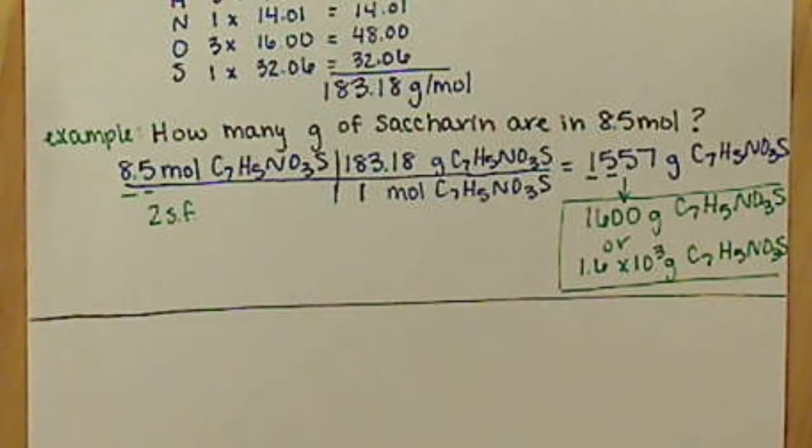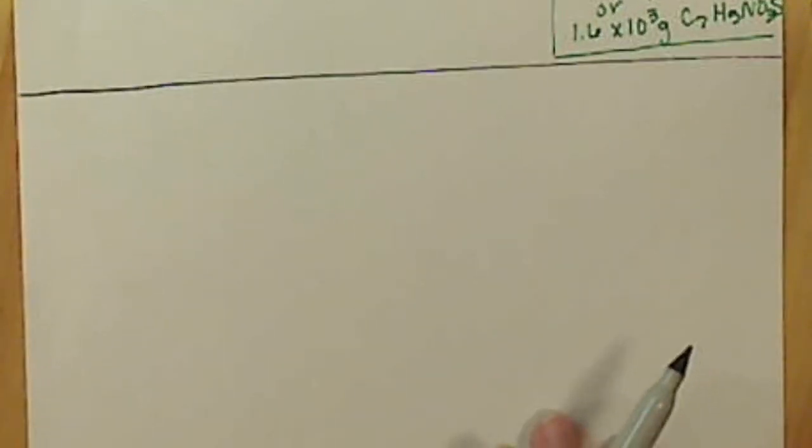Now what we want to do is combine this concept of molar mass with our balanced chemical equation, and why it means something for us. Basically, we're going to determine some mole relationships in our chemical equations.